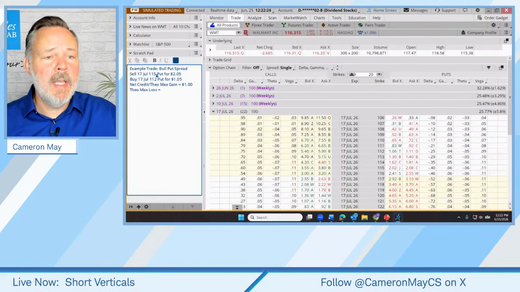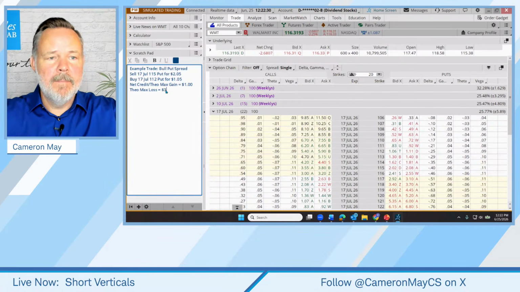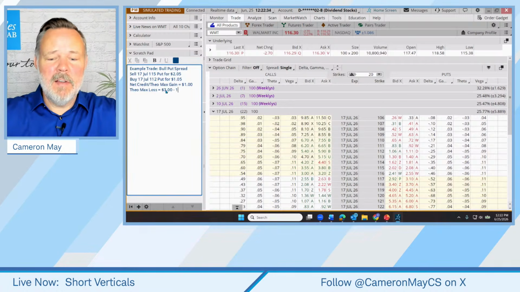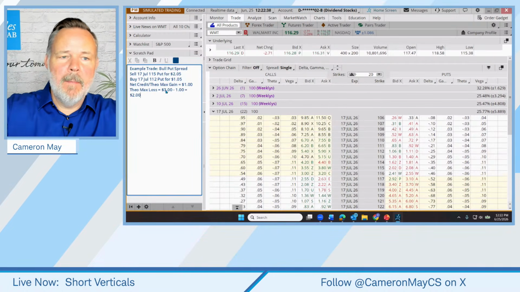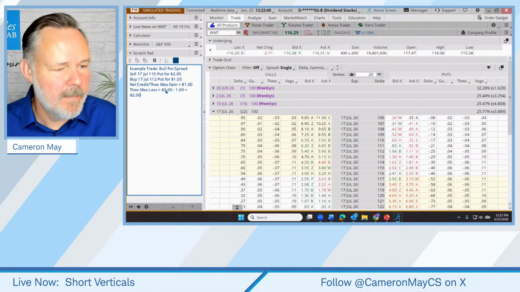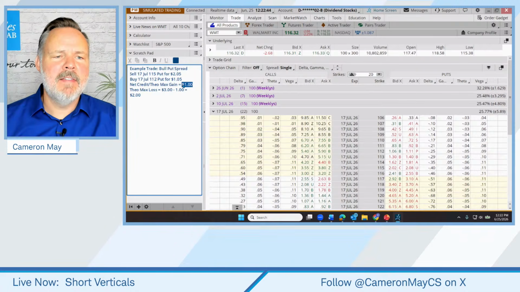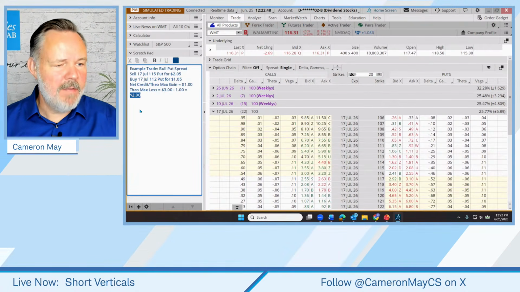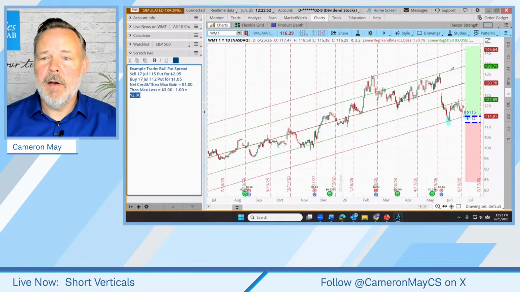Well, if we do put the shares for 115 and we wind up selling them for 112, that would be a $3 loss. We could subtract the $1 that we collected up front, which leaves us with a max loss of $2. We're going to try to optimize this and minimize that, but right from the start, this trade is kind of where it needs to be already.